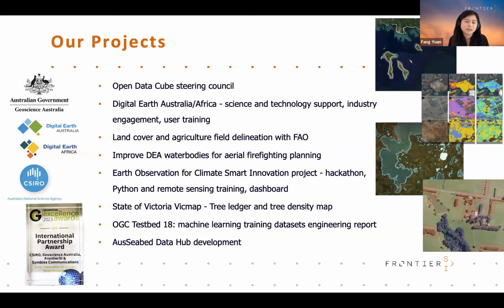And we're also involved in standard development as well. Just as an example, the machine learning training data set engineering report for OGC. And there are also a few other data management projects that we support. And within the space of Earth observation, our expertise kind of lie in coastal mapping, land cover, agriculture field mapping, water, and vegetation.